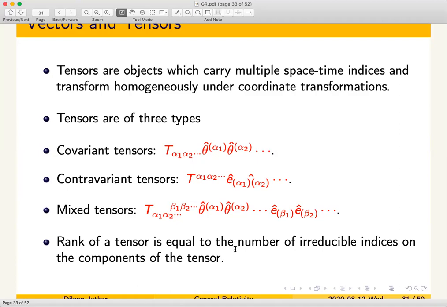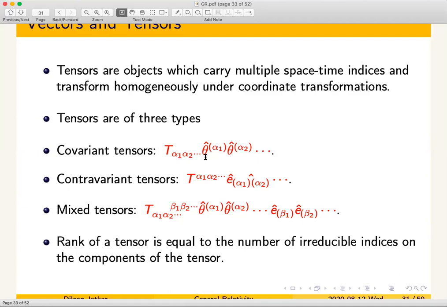Once you define it in this way, it is better to classify tensors by defining a notion called the rank of a tensor. The rank of a tensor is equal to the number of irreducible indices on the components of the tensor. I'll come to that in a moment. Suppose you have a covariant tensor with indices alpha 1, alpha 2 up to alpha n.